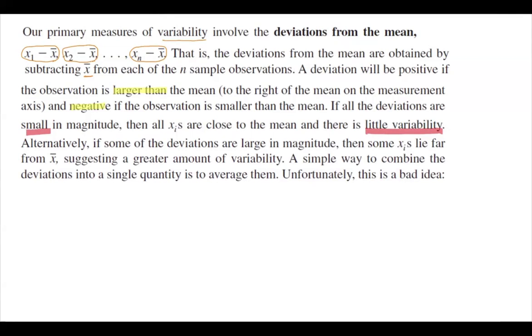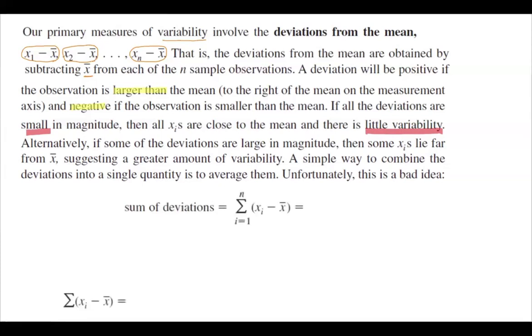It shows a larger variability in our data. You see more spread. A simple way to combine the deviations into a single quantity is to average them. But if you average them, you're going to get 0.